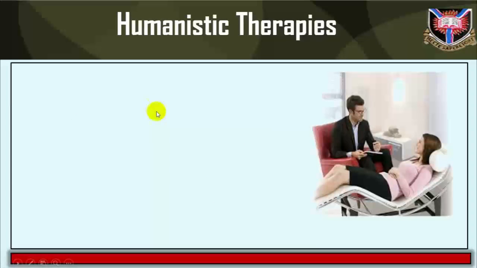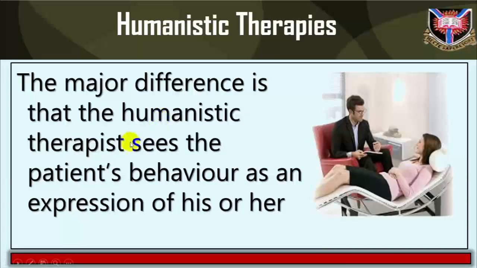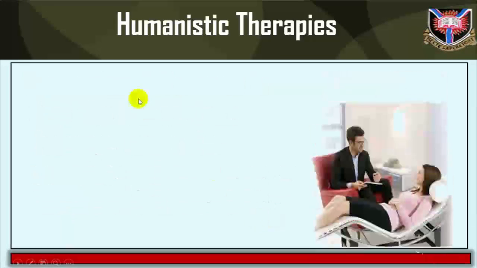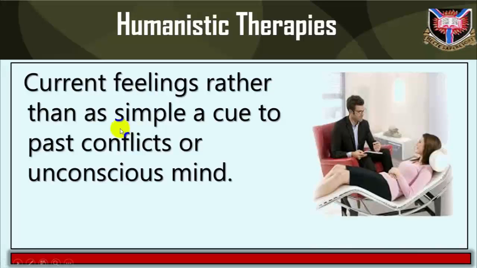The major difference is that the humanistic therapists see the patient's behavior as an expression of his or her current feelings rather than a simple cue to past conflict or unconscious mind.